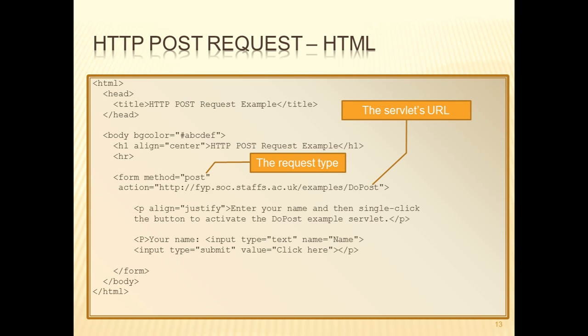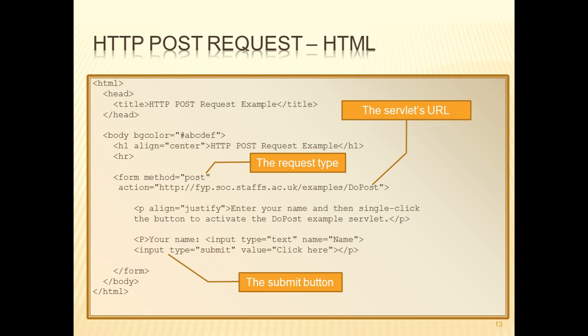The name of the parameter is name with a capital N, and the value of the parameter will be whatever the user has typed. And that form will only be submitted when the user clicks on that submit button.